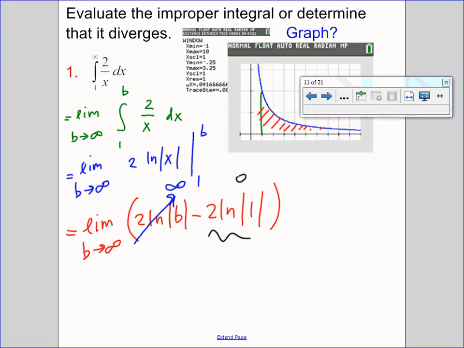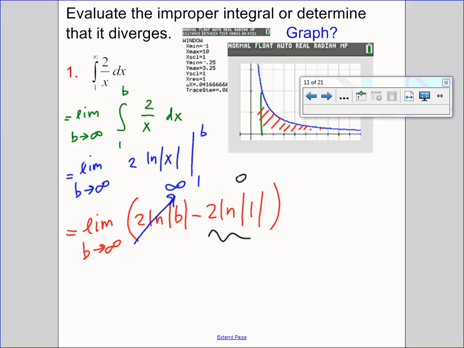So while the first one, we were able to find an exact area and it equaled 2, which was very nice, this one goes on forever, continues adding and adding more and more area, such that we cannot find the exact value. This improper integral diverges.